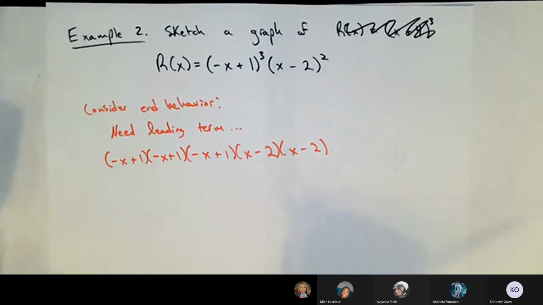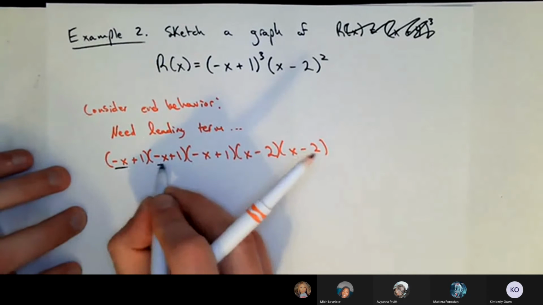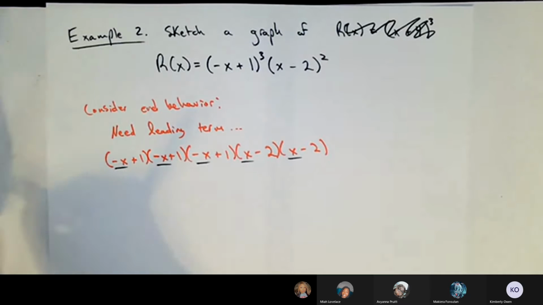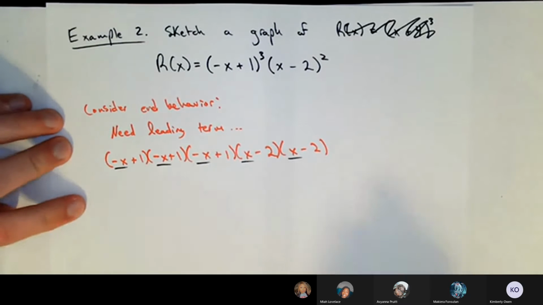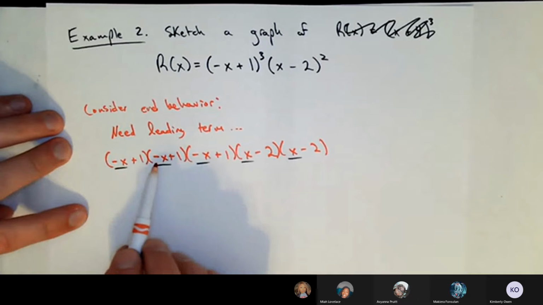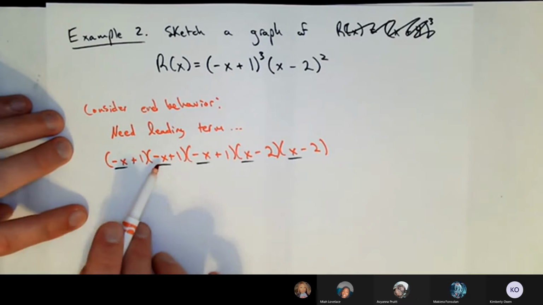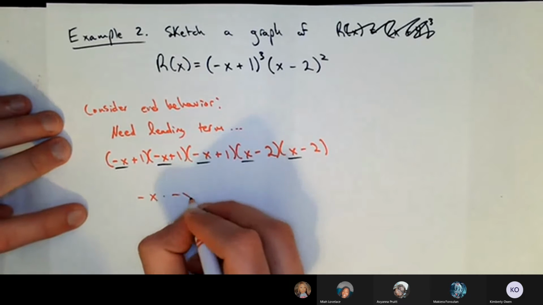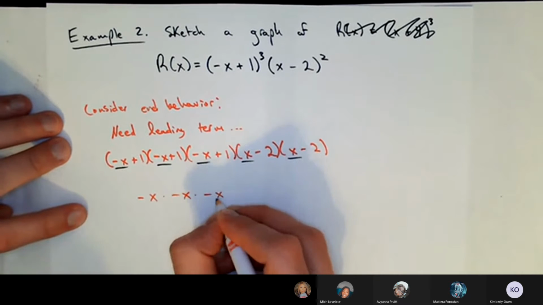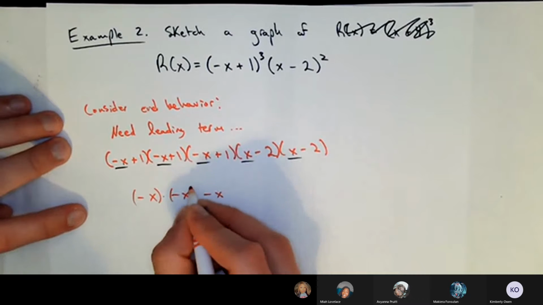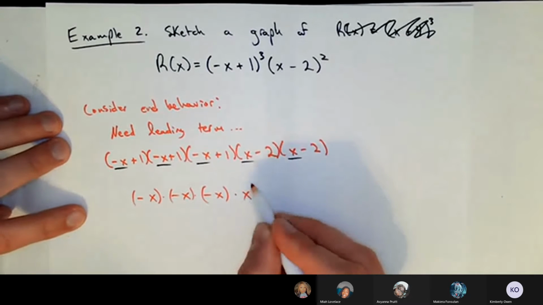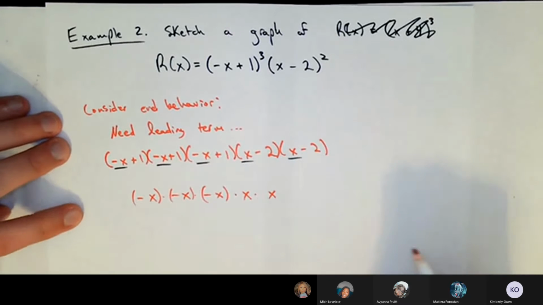But the way I'm writing it out, I'm actually expanding it, and then I like to underline each x term. Then I take the product of all of these x terms with their coefficients. That means the negative does come down with the x. So I'm going to have negative x times negative x times negative x, maybe wrapped in parentheses so we know it's still a product, and then times 2 more of these x's.